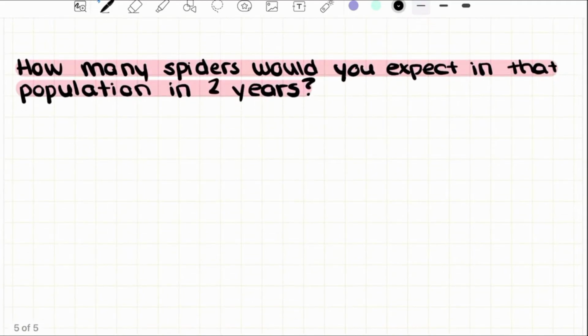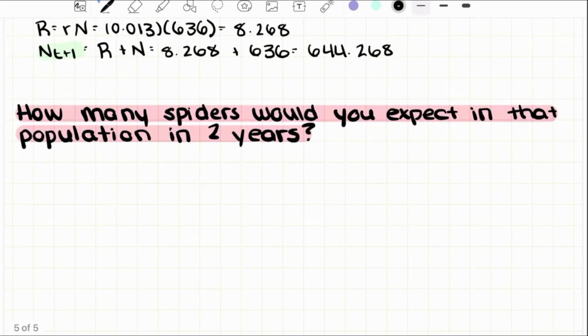How many spiders would you expect in the population in 2 years? So this is asking about the population 2 that we defined earlier that started out with 636 individuals. Well, we need to know how much the population grows by.